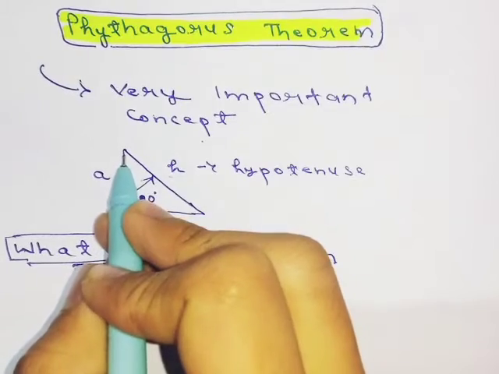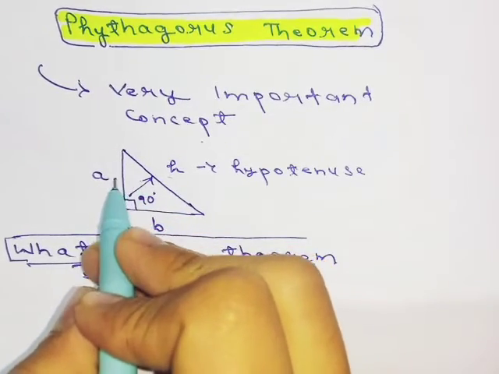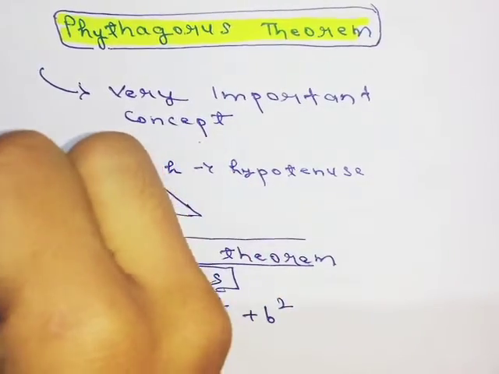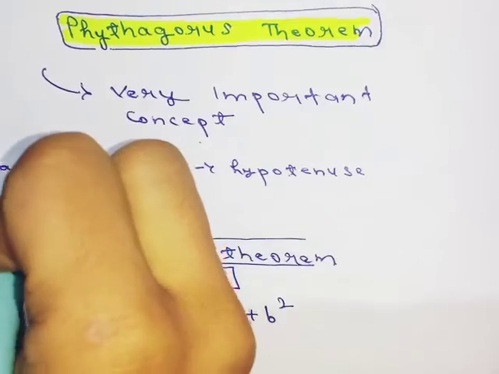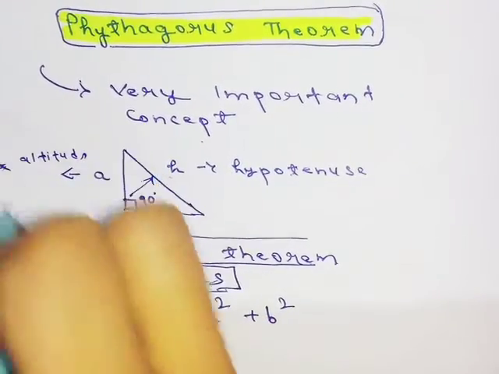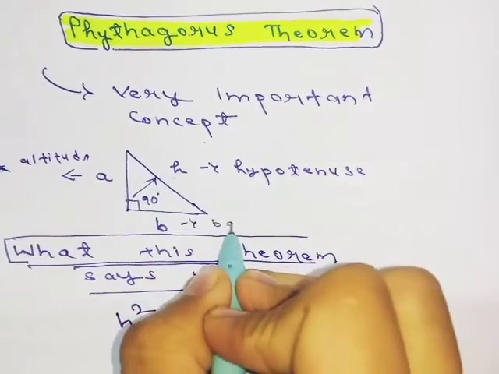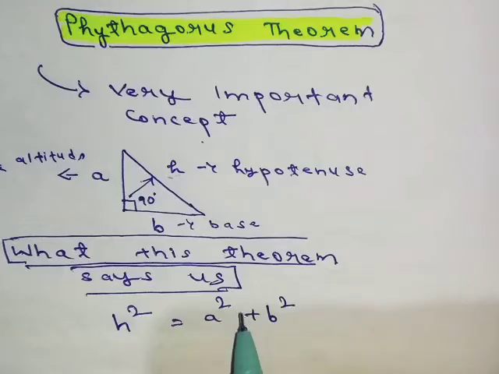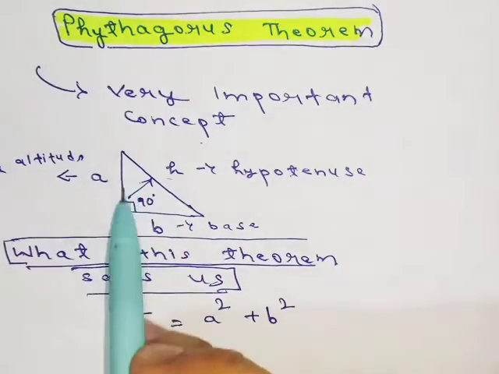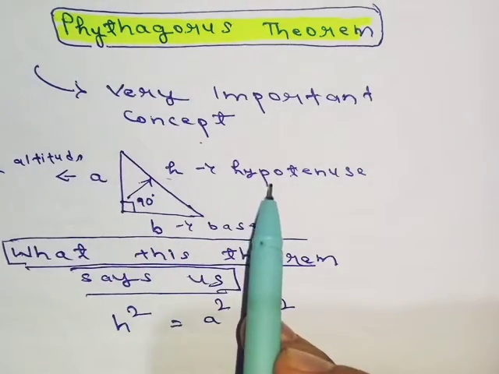And this vertical upward line is the altitude. And this B is the base. In this right angle triangle, this side is called altitude, this is base, and this is hypotenuse.